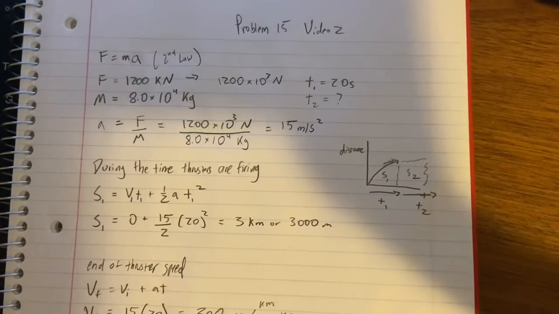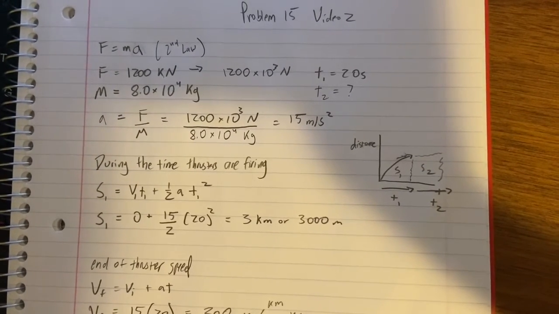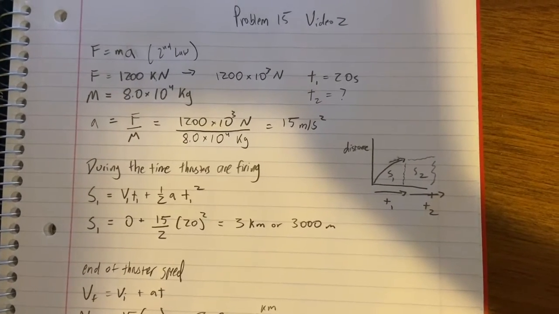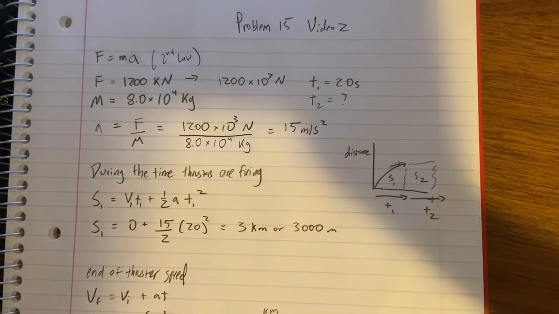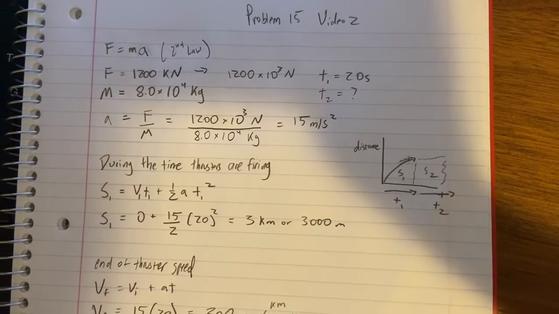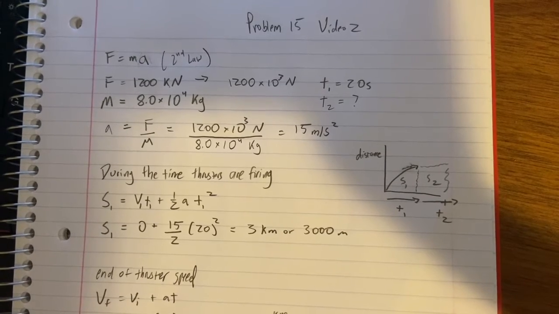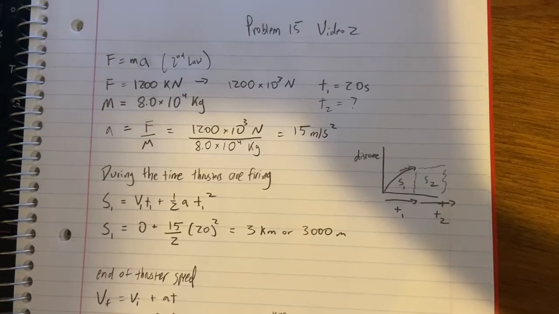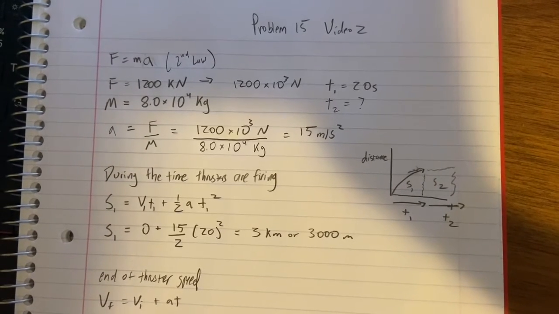Now that we have this acceleration, we can use this displacement equation to find the total displacement, or the distance traveled during the time of the thrusters. That distance is going to be equal to the initial velocity times time plus 1/2 acceleration times time squared.